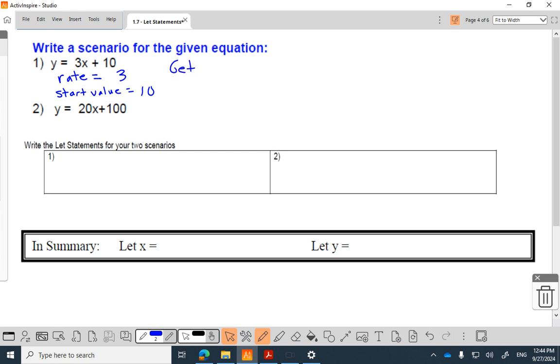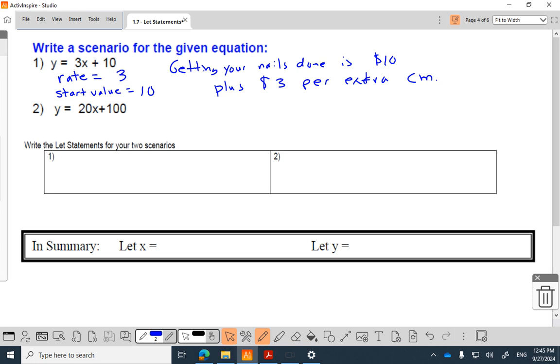Getting your nails done is $10 plus $3 per extra centimeter that you put on or something like that. I don't know if this is accurate. Is that exactly how they charge? No, but we're trying to use a scenario we know. So it's okay that we don't match exactly what the nail salon charges.